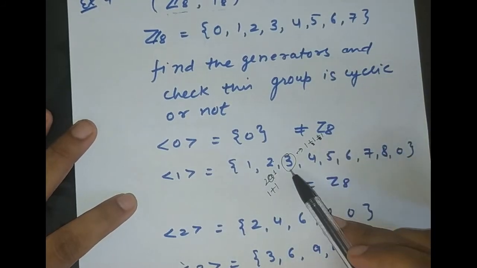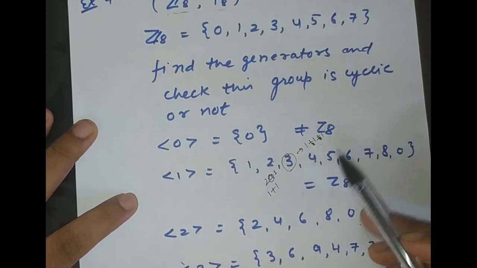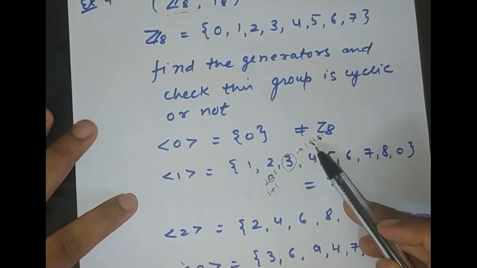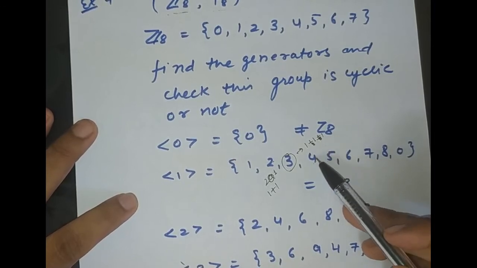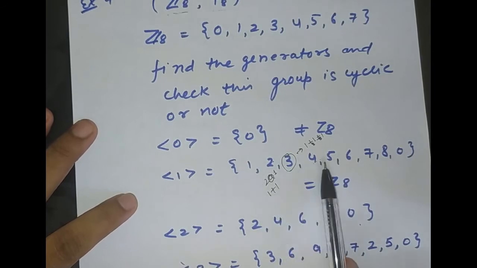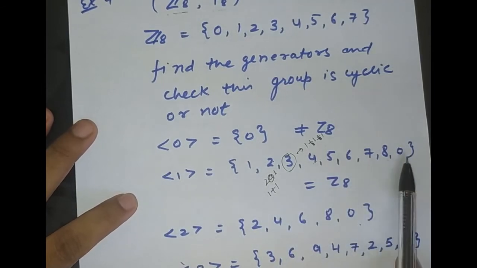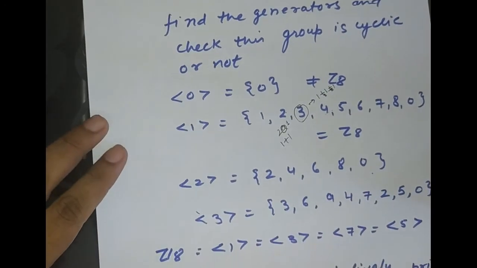Now the value is 3. Similarly, 1 plus 1 plus 1 plus 1, modulo 8, four times. So the next value is 4. So in this set we have these values, 1, 2, 3, 4, 5, 6, 7 and 0. So this 1 is the generator of Z8.